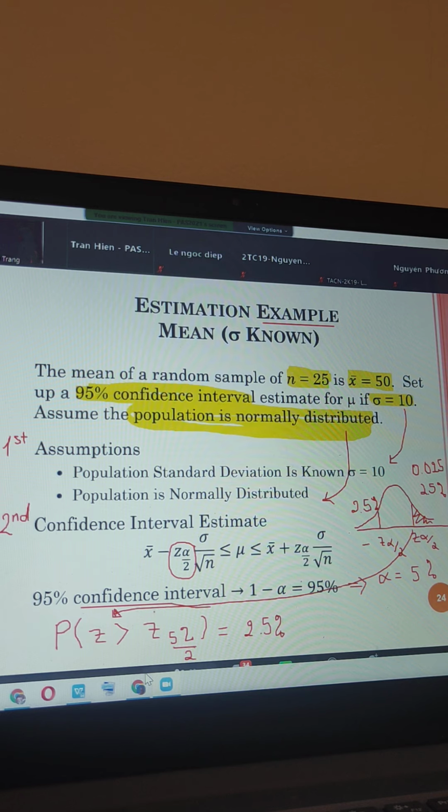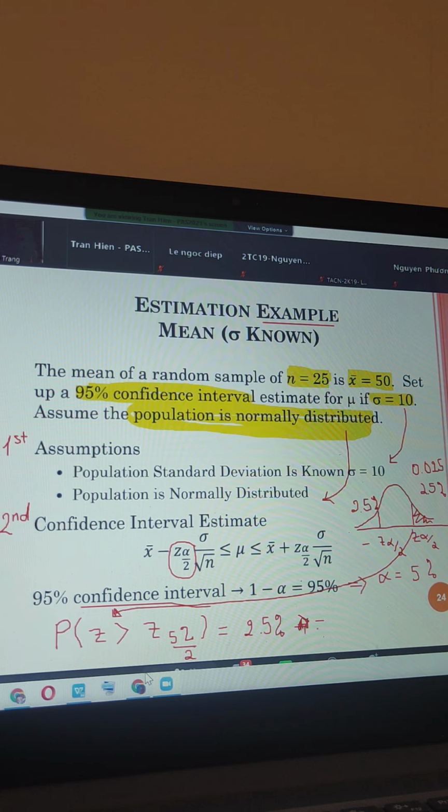Now, one more time to repeat the way to use the table. For the standard normal distribution, we know the areas in the left hand side, right? But right now I would like to find the areas in the right hand side. Z is greater than. So you have to convert it into which formula?